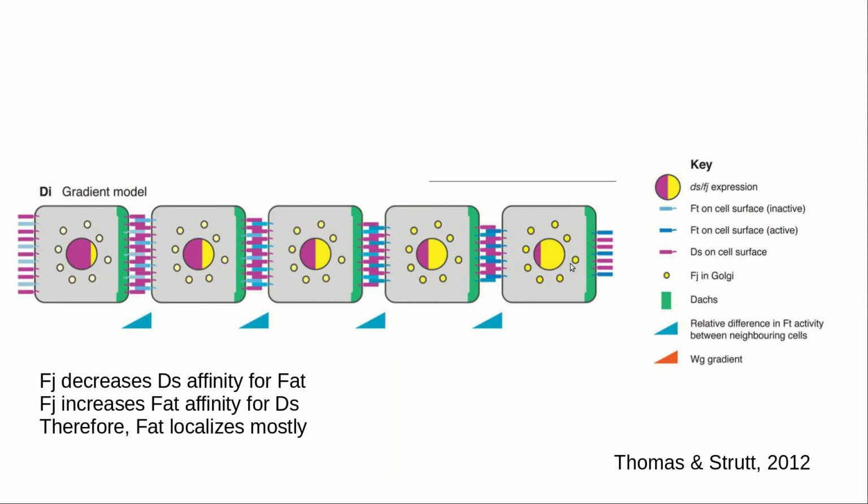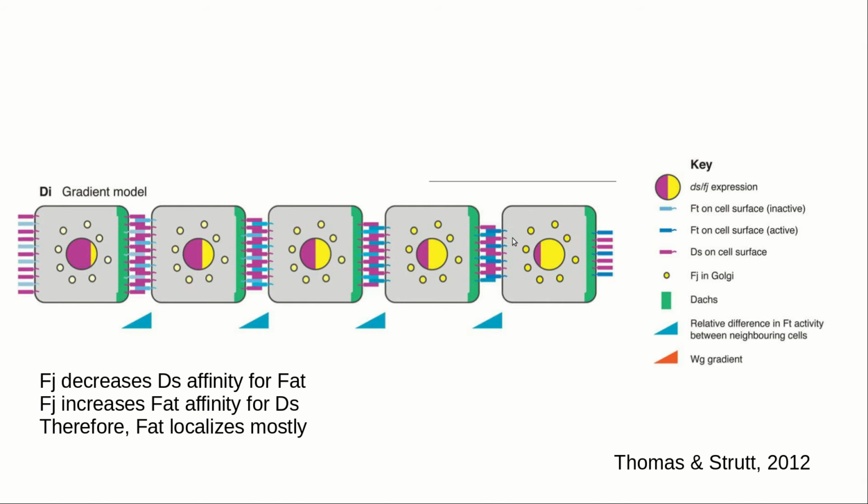Towards the center of the disc, you have a region rich in Four-jointed expression. Four-jointed is activating Fat and repressing Dachsous.